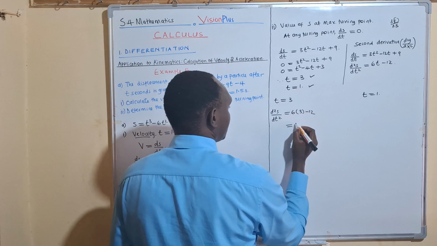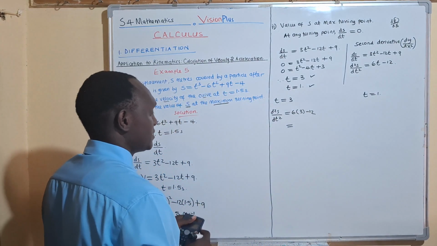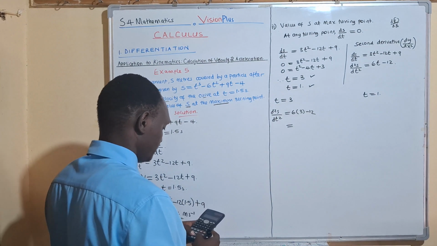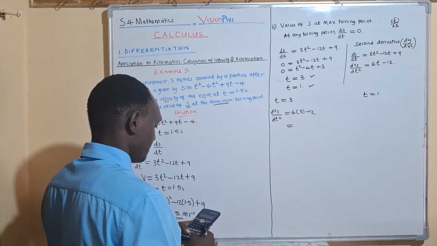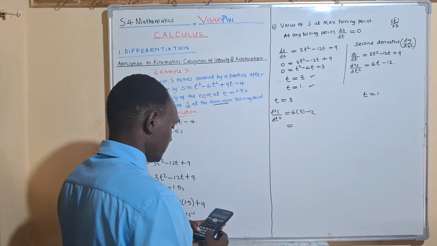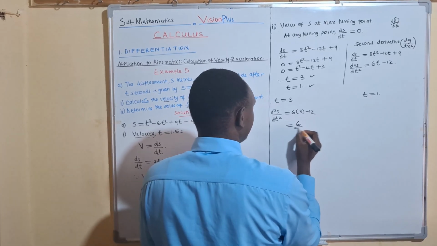Then we simplify. It gives us 6 times 3 minus 12. I'm getting positive 6. You see, I'm getting positive 6.